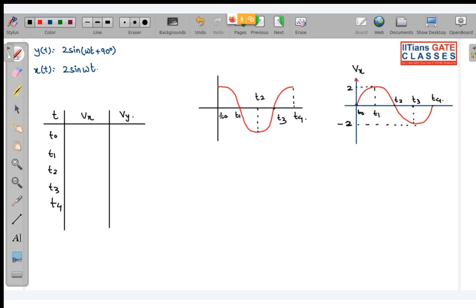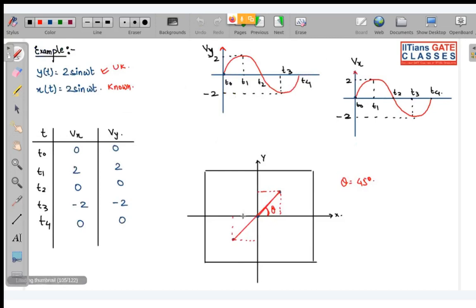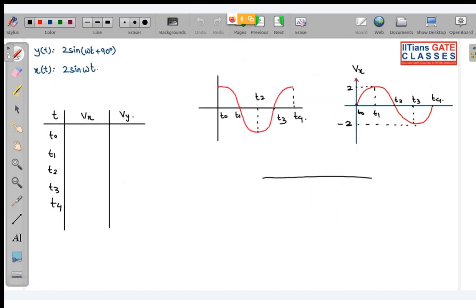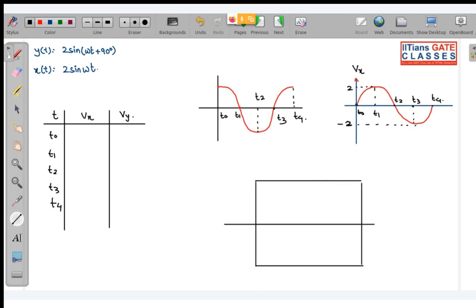So look at this T0. Okay, so once again let me draw the screen of CRO. Okay, so this is the screen of CRO. This is X, this is Y. So now look once again.